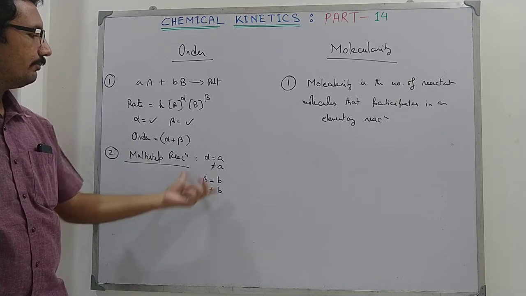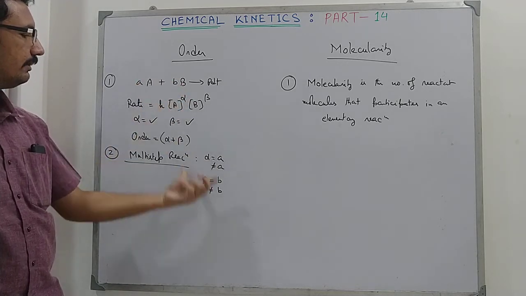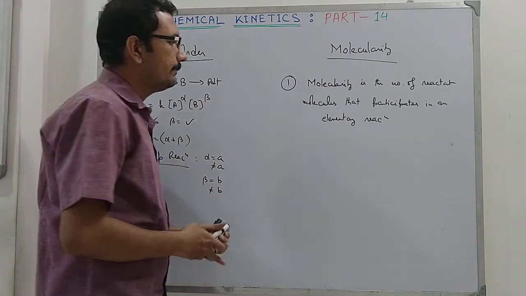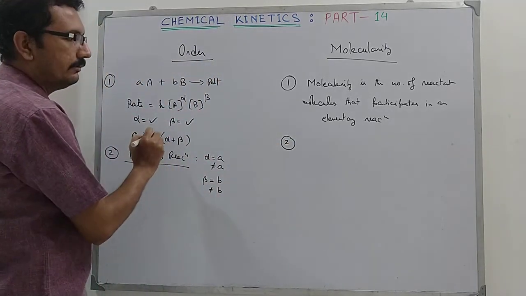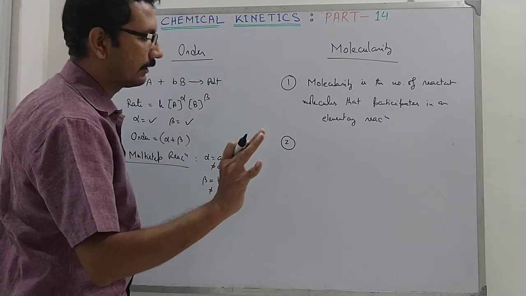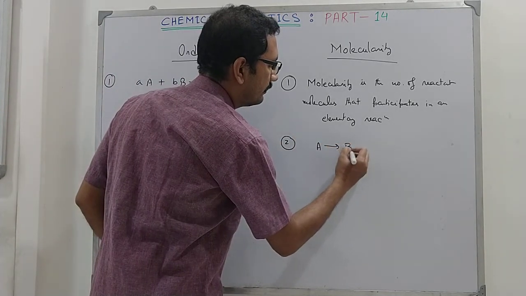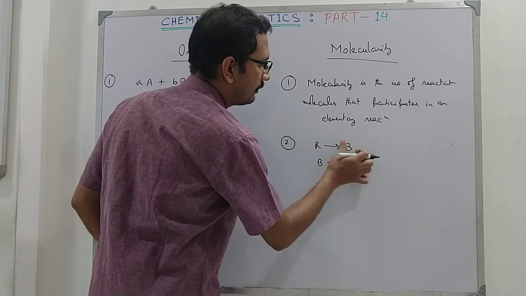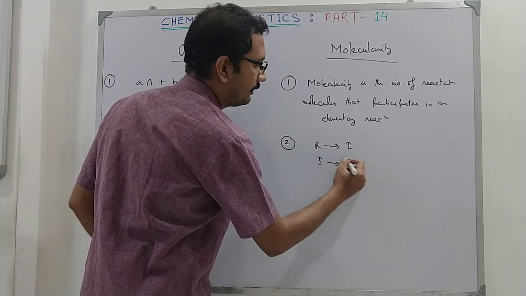So you have to perform the experiment to know which molecules are contributing. Now, molecularity for a multi-step reaction is irrelevant. If you get a multi-step reaction, you first get, say, an intermediate and then the product.